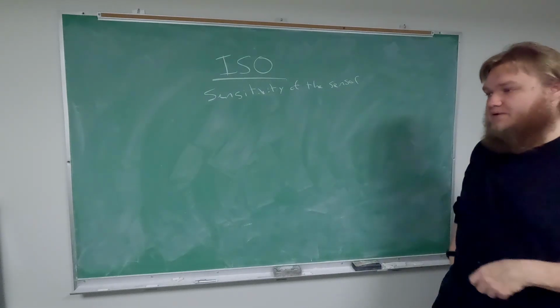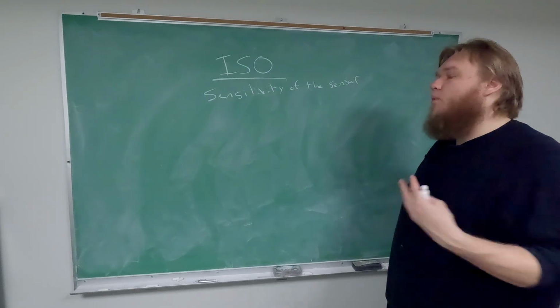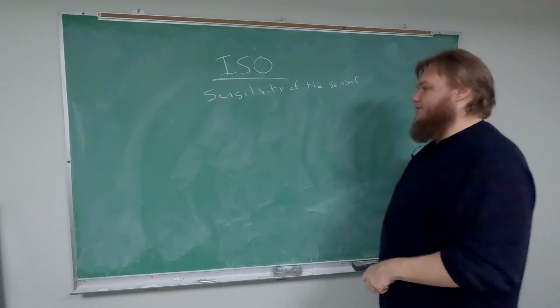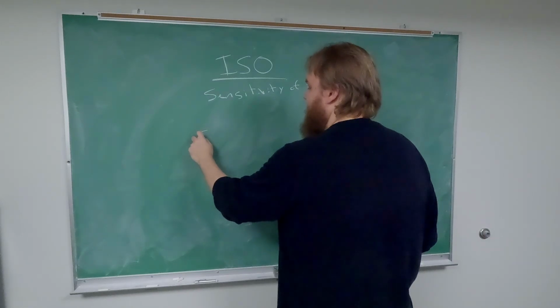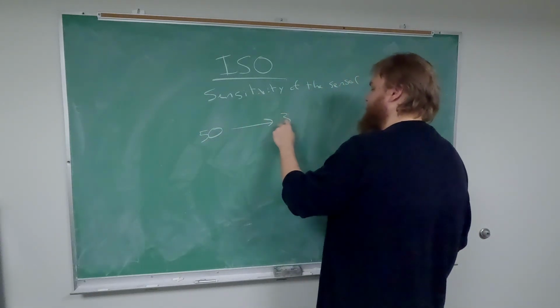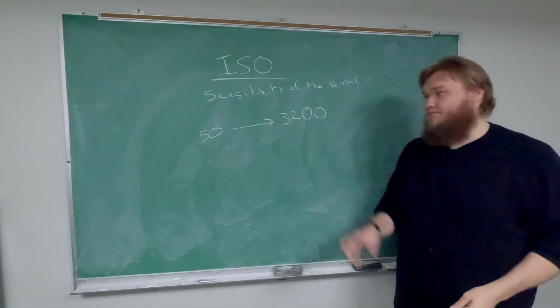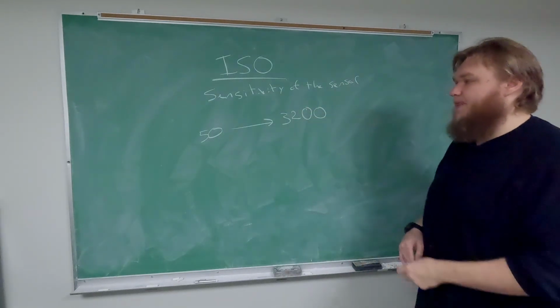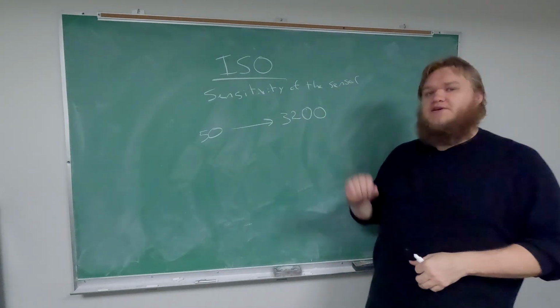Now, that being said, we do need to understand in a little more detail what effects ISO has. So if I have an ISO value of, say, 50, and let's say that goes all the way up to 3200. Now, most cameras will do significantly more than 3200, but I just wanted to give a broad range. This is usually about as far as film will go.